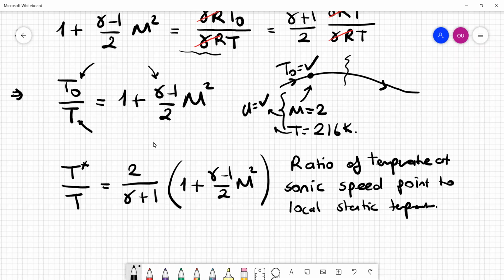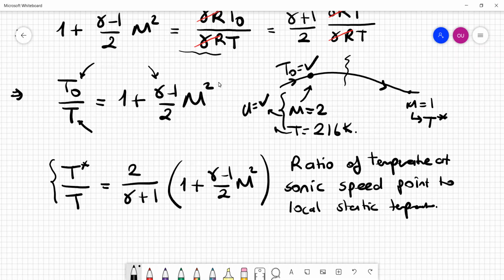But if at some point on the streamline the flow is slowed down, decelerated, to Mach 1, so sonic condition is reached, the static temperature at this condition is called T star. T star can be calculated here, and similar to T0, this also remains constant along this streamline. So that is also the importance of T star.